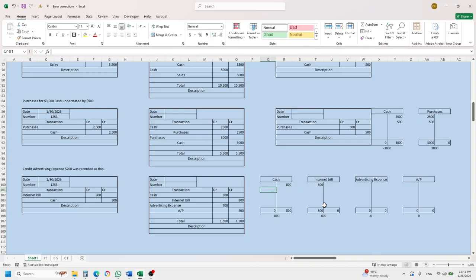To correct it, we put debit 800 and internet bill 800, and then in the correction we put advertising expenses 700 and accounts payable 700. See also the net effect of this journal entry: 0 for internet bill, we shouldn't do it, and also for cash we shouldn't do it, and then we correct it at the end: advertising expense 700 and accounts payable 700, because it was on credit.